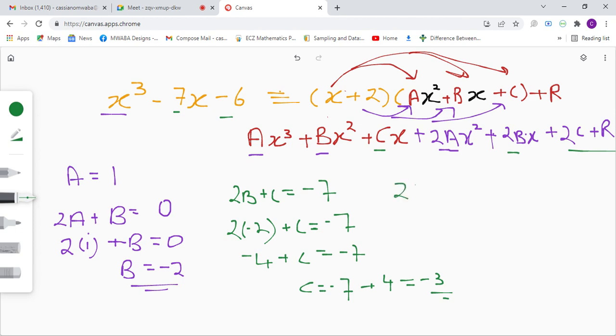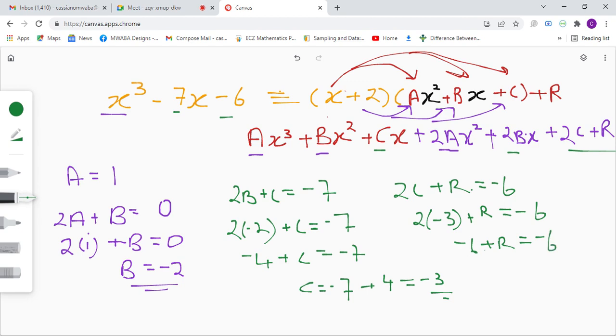So we say 2c plus r equals -6. c equals -3, so we say 2 times -3 plus r equals -6. 2 times -3 is -6, so -6 plus r equals -6.